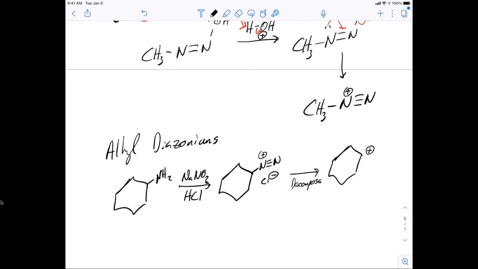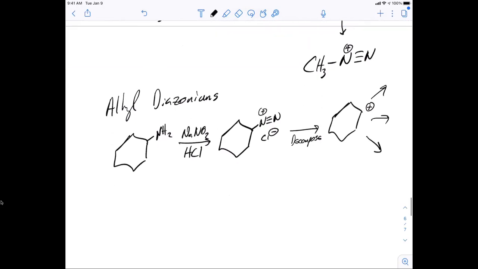So synthetically, these aren't overly useful, but I mean, this would react with almost anything around, right? Where these have been used scientifically has been to look at carbocation spectroscopy, because if you heat this up to a certain temperature, it'll form the carbocation, and then I can study the carbocation. But synthetically, they're not overly useful, right?